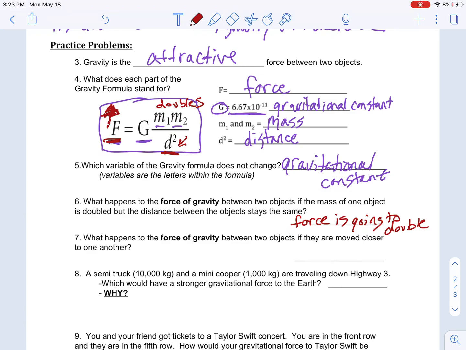Now don't worry too much about that, but for you math people, you might be able to see that relationship there, but you don't really have to use the equation to figure this one out at all. So what happens to the force of gravity if they move closer? Force of gravity is going to increase.